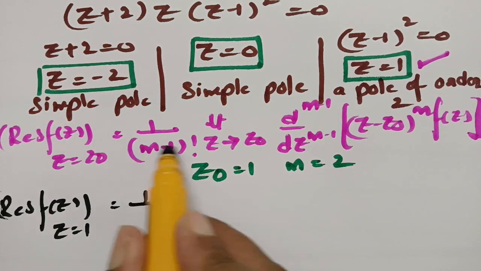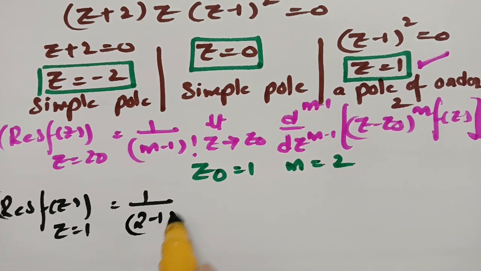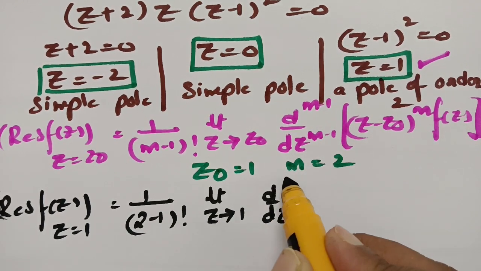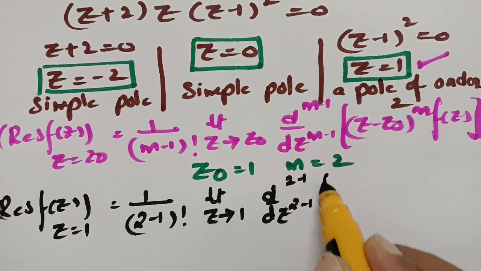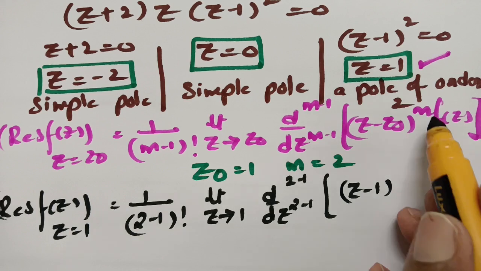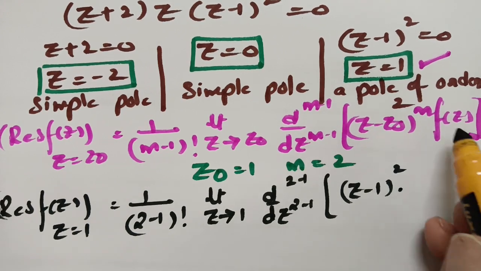So this is 1 by (2 minus 1) factorial into limit z tends to 1 of d by dz of (z minus 1) power 2 into f of z.